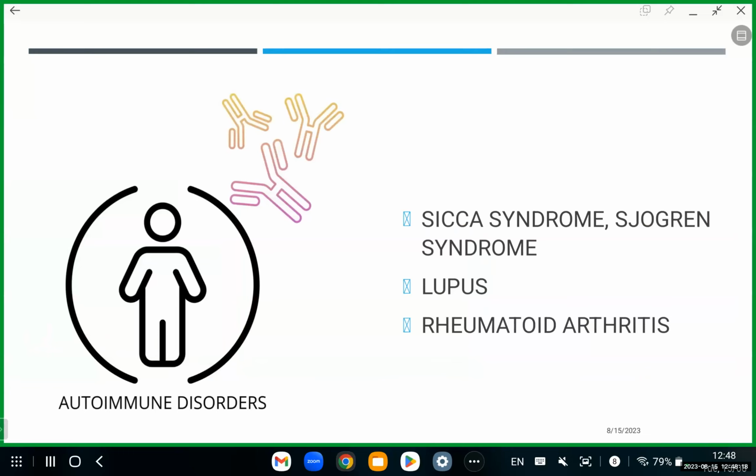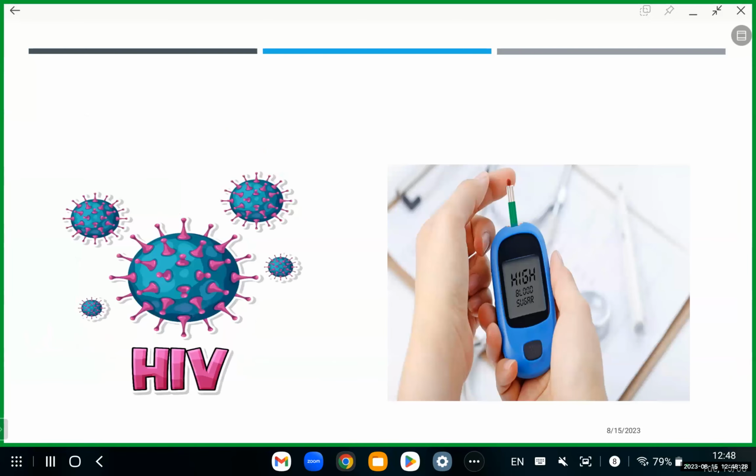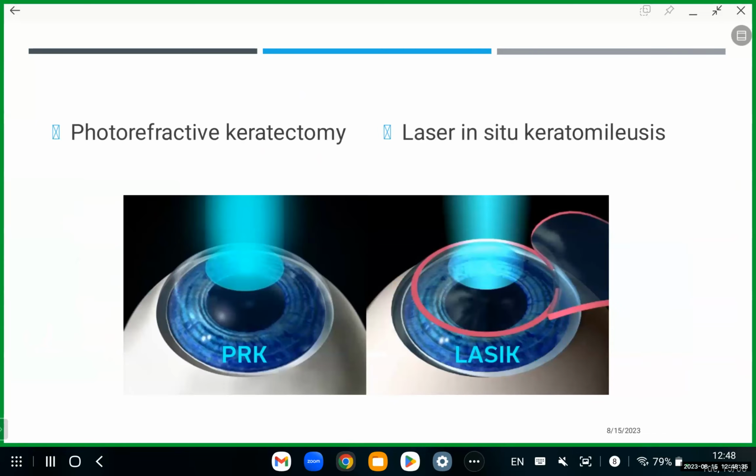Procedures are also contraindicated in autoimmune conditions such as Sjogren's syndrome, then lupus disorders, arthritis, and systemic conditions such as HIV or diabetes. These procedures are contraindicated.